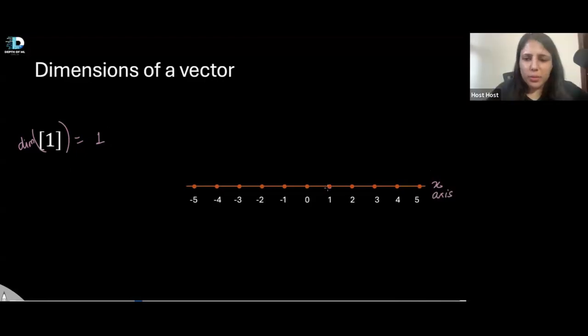So if I have to represent this vector, this will be just this much, right? This vector, suppose this vector is u. u belongs to R1, correct?